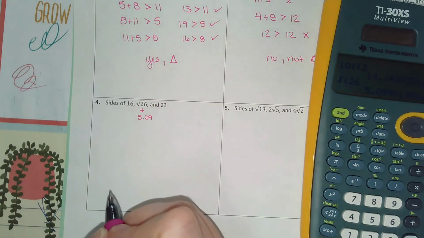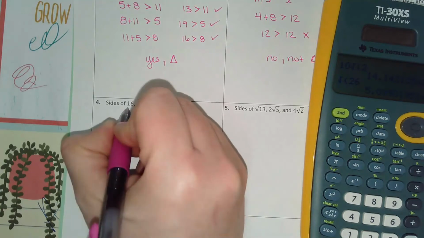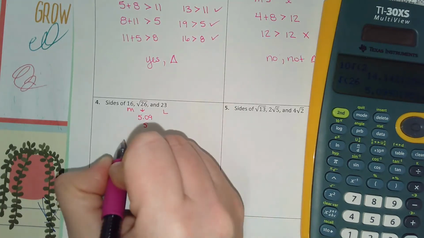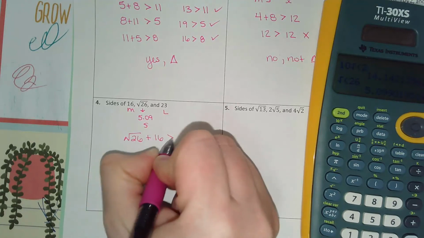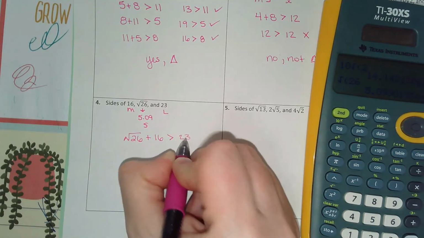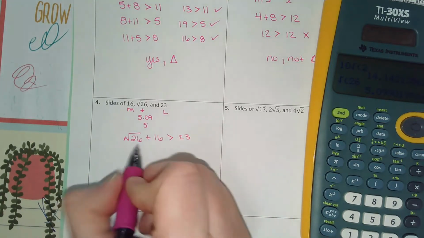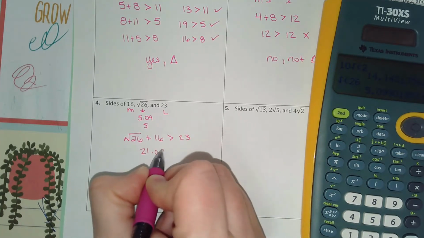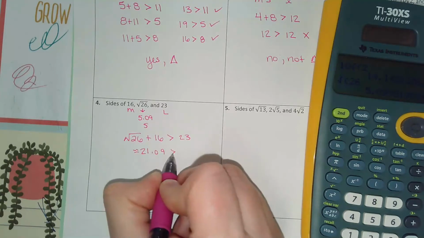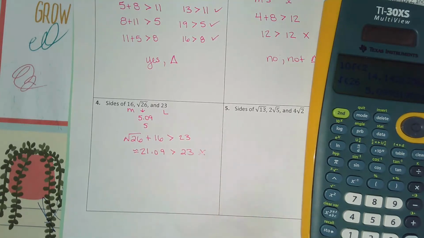So the question is small, medium, large. Is the square root of 26 plus 16 bigger than 23? Well, that's 5.09 plus 16, so approximately 21.09 greater than 23? The answer is no. So this is not a triangle.